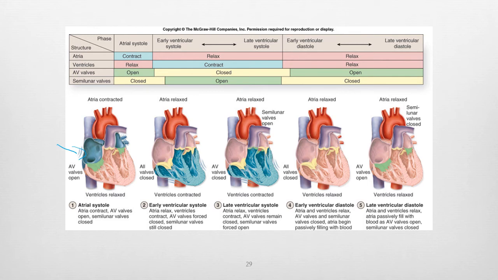That's going to allow the ventricles to start to fill, and then the ventricles are going to start to contract. But if you look at the valves, you'll see that the valves themselves are actually still closed. All four valves are closed. This is allowing pressure to build inside the heart, and so that's going to build and build and build that pressure.